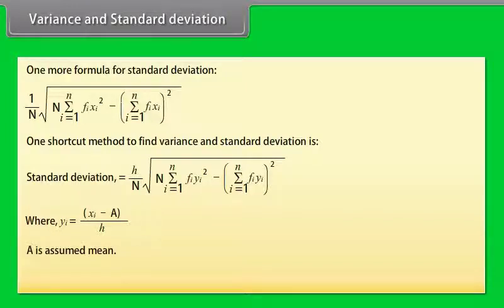A is the assumed mean, h is the common factor. Let's have some examples.